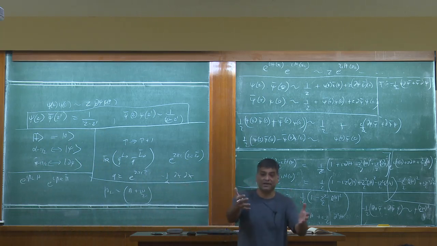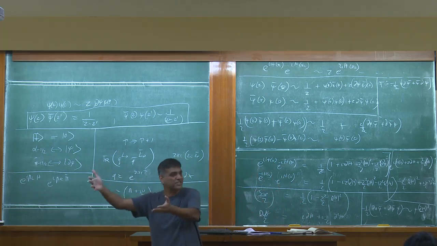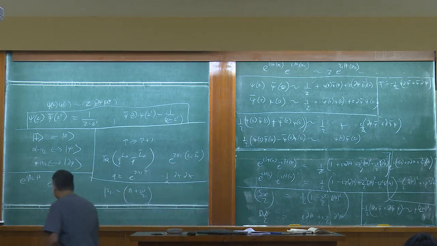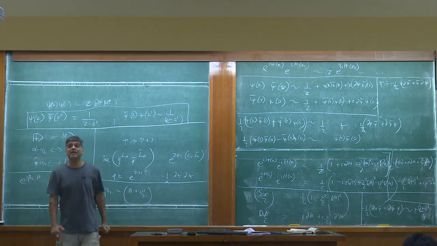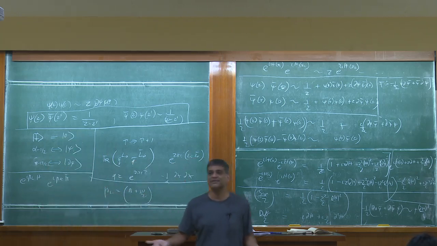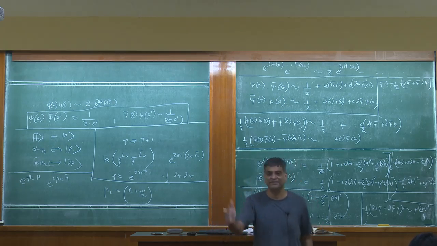So e to the power 2ih or e to the power 3ih, and so on, we can get. Okay? But if we have, let's say, w equals 1 and n equals 0, that is a mode we will never get from OPEs of e to the power ih's. You'll never be able to produce half integer.